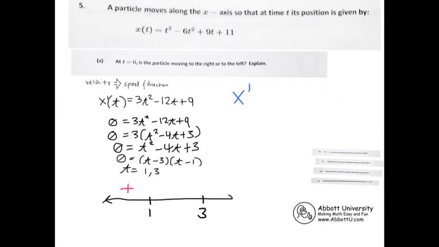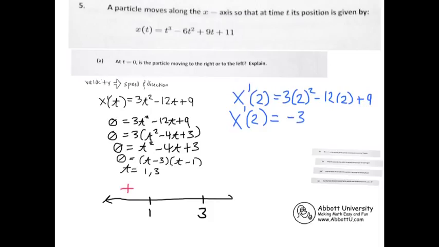So x prime 2 would be 3 times 2 squared minus 12 times 2 plus 9. 2 squared is 4, so we're dealing with a 12 here. 12 minus 24 is negative 12, and negative 12 plus 9 is negative 3. So anyway, we have a negative here.